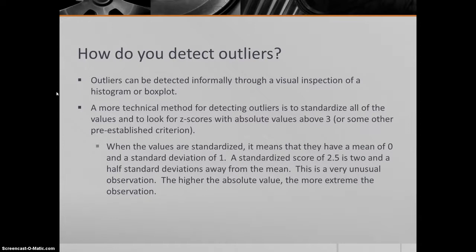So a lot of times people will say, well, if it has a z-score with absolute value above 3, or they might give a different criteria, I use 3 most of the time, then it's very, very unusual, and we'll consider that to be an outlier. And maybe you'll remove it from the data set possibly. So that's kind of a more technical approach.